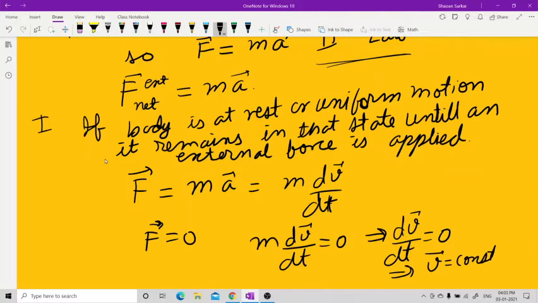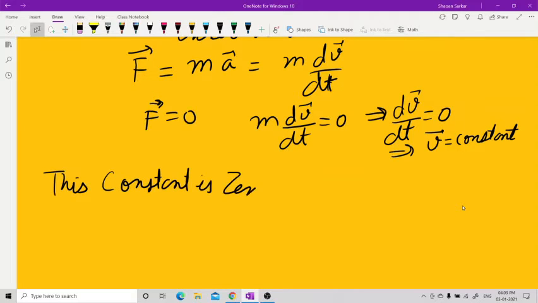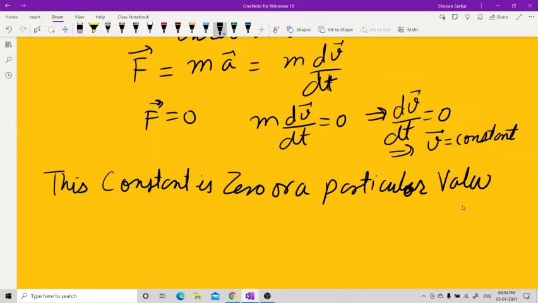That constant could either be 0 or some particular value, but it won't change. So the first law has been discussed.